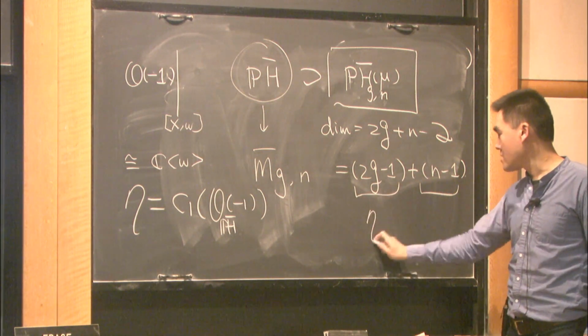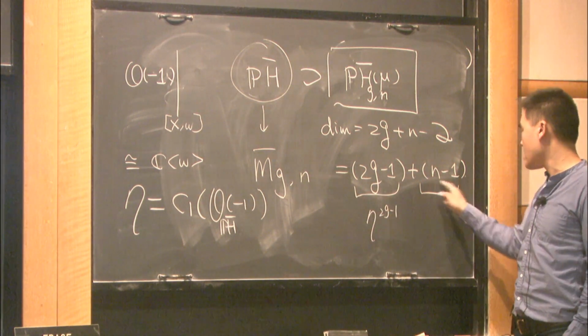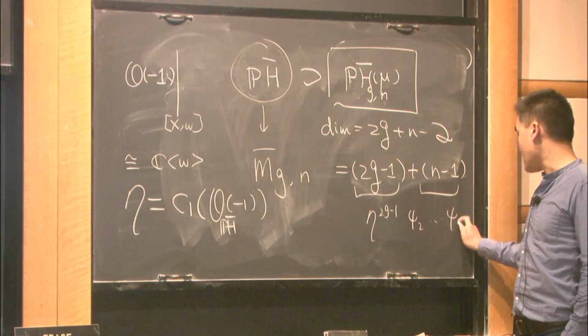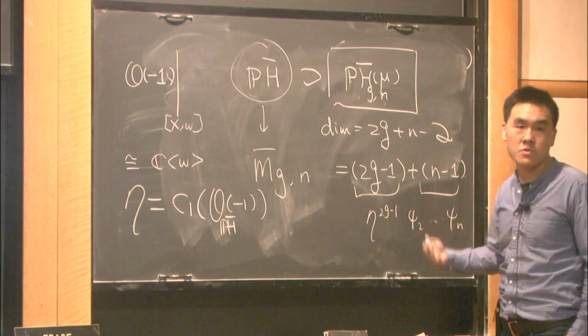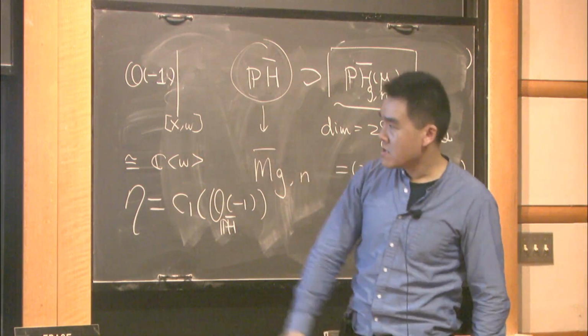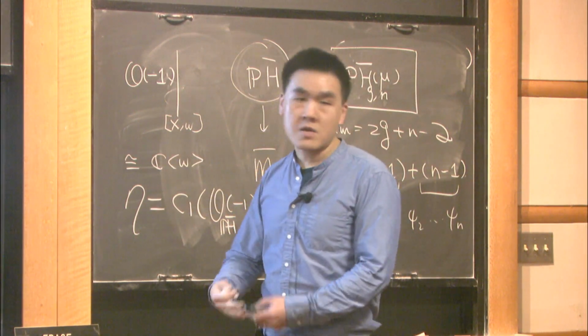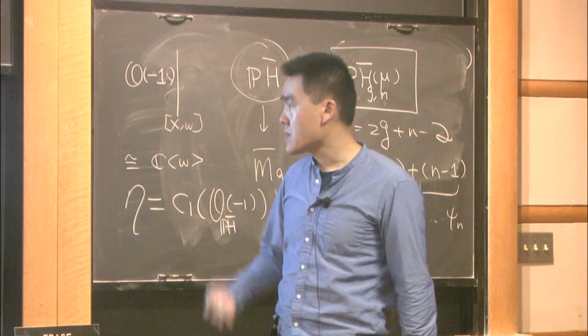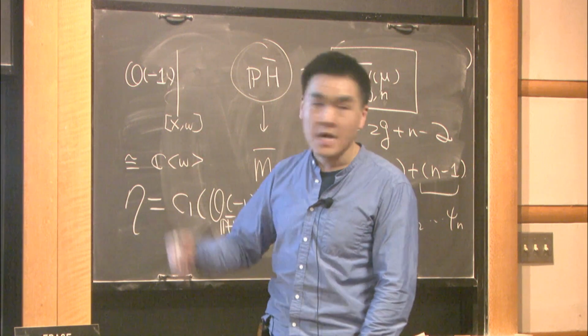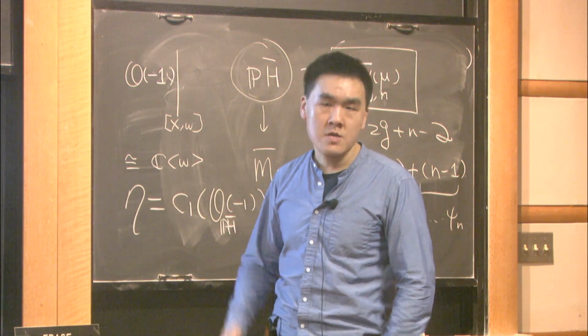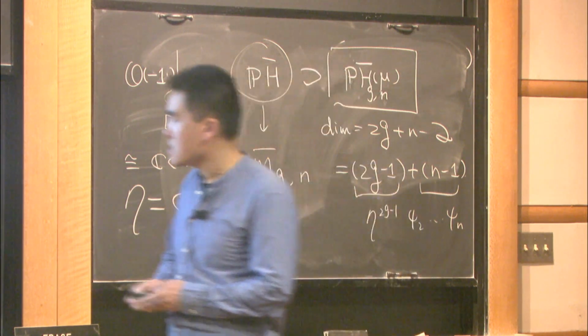Here I have eta to the 2g minus 1 in the formula, and here I have psi 2 through psi n. Altogether, I get exactly 2g plus n minus 2 first Chern classes. Their intersection product, you just take the degree in the zero-dimensional cohomology, and you get a number. So at least numerically, it makes sense.